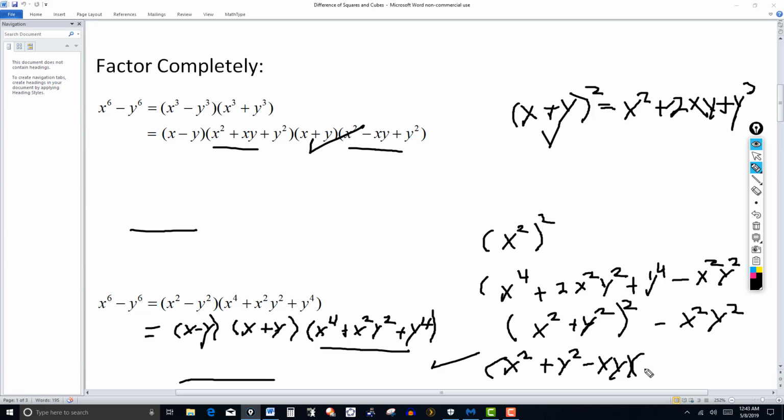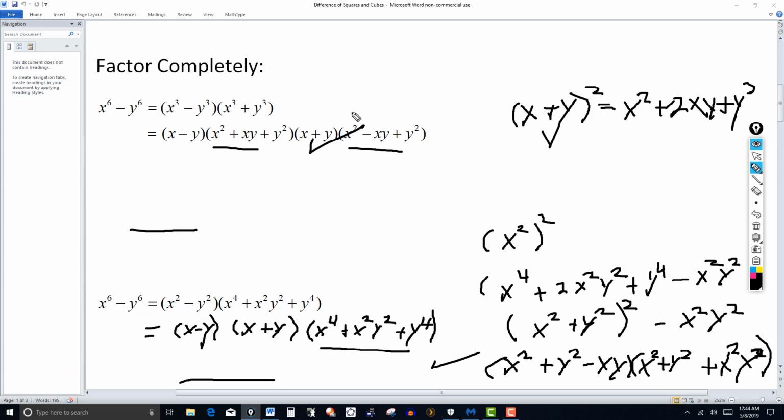And then another one will be the sum of the square roots. So this will be x squared plus y squared plus xy. And this is all in parentheses.